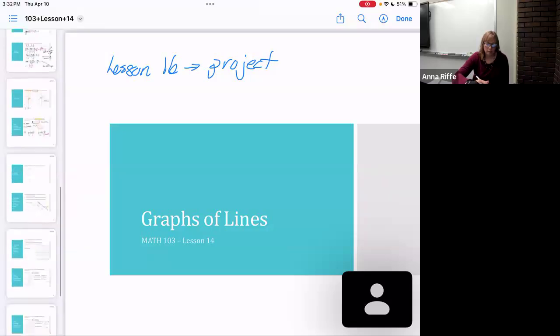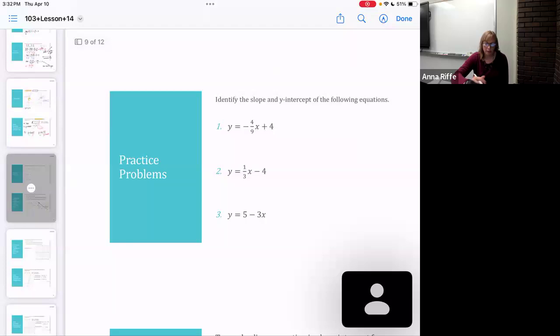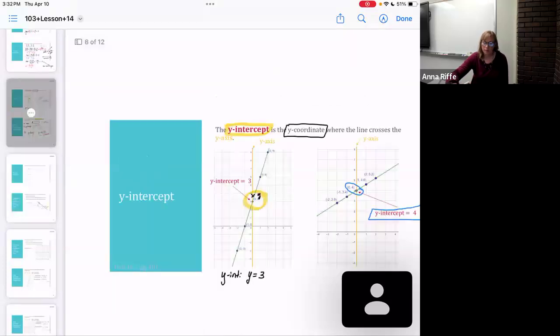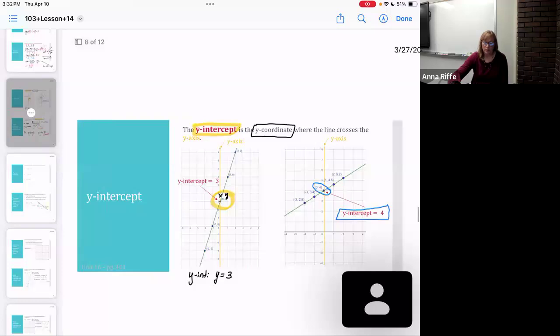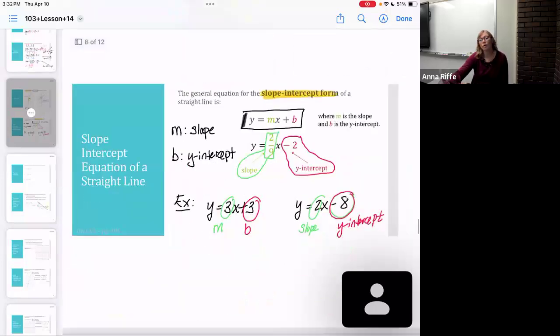We talked last time about how to determine the slope of a line, how to determine the y-intercept, and then we ended with this explanation of this particular form of the equation of a line. It's called the slope-intercept form. We did a little bit of work with solving equations for the y variable.